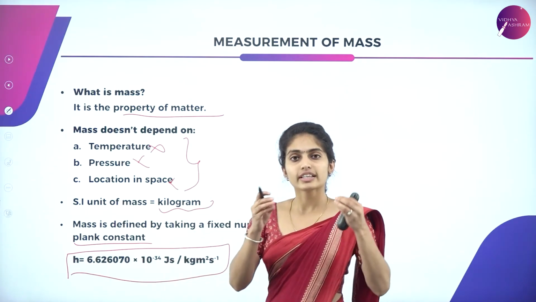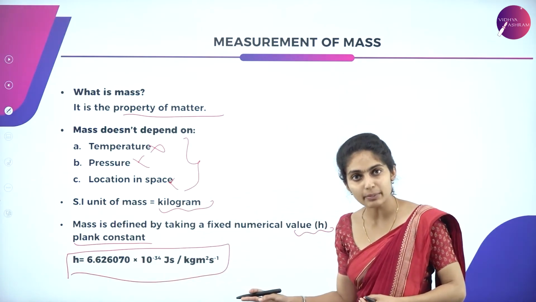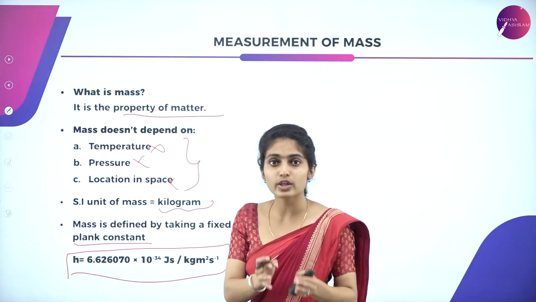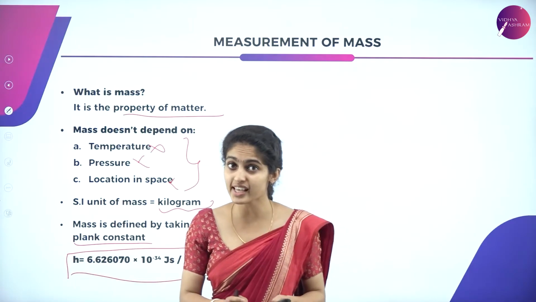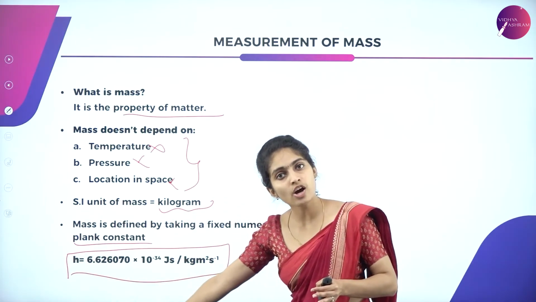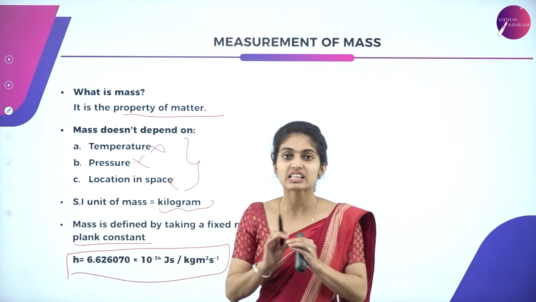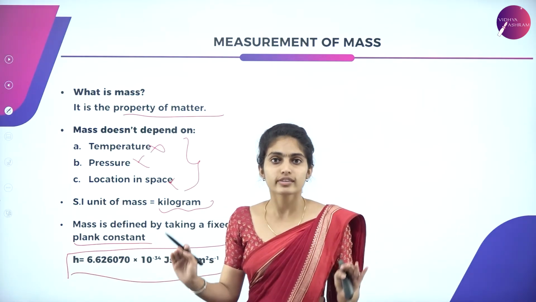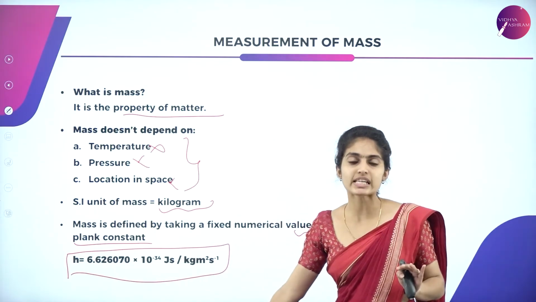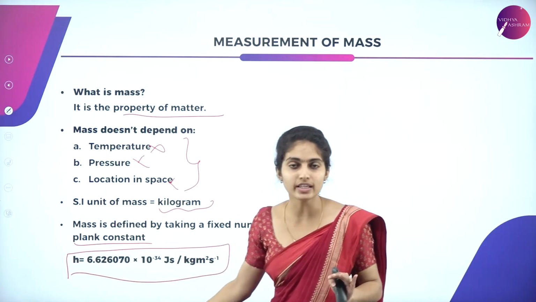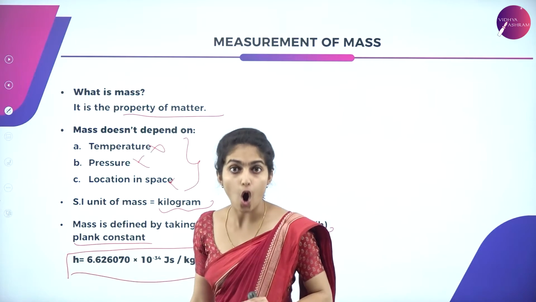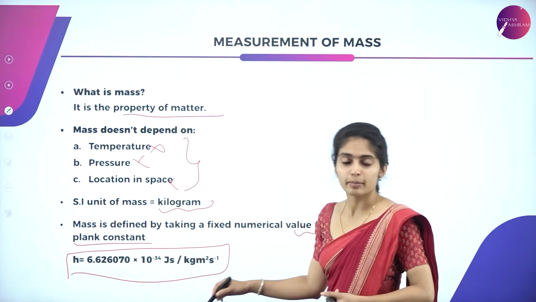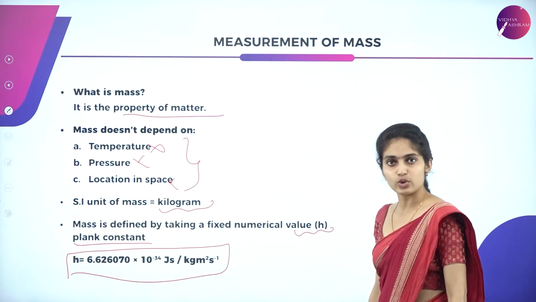To define mass, we just take a fixed value, h, Planck's constant. The value of h is fixed at 6.626 into 10 raised to minus 34 joules, or instead of joules, kg meter square second inverse.